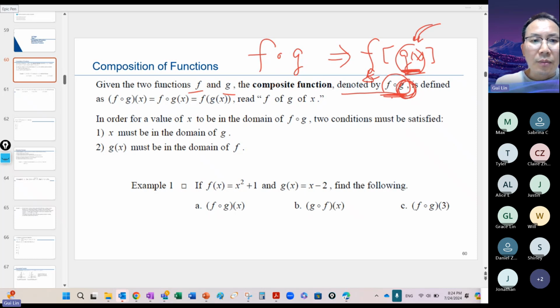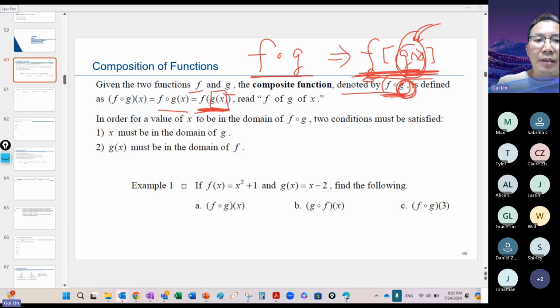Okay, so that's what I said. This f∘g can be described here, which is a little better for understanding. This is the initial x inside, but now replaced by another function called g. So they use different notation to describe it. This one is easy to understand because the initial function has x replaced by another function.